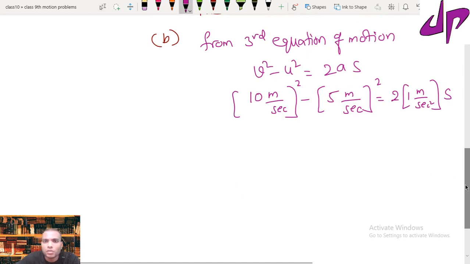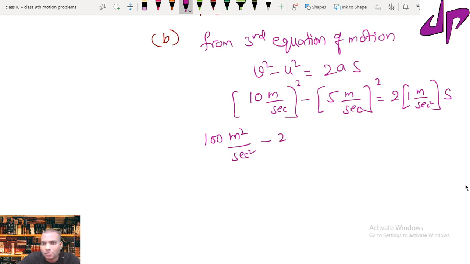First we can do this multiplication. 10 square means 100 meter square upon second square minus 5 square, I get 25 meter square upon second square, equal to 2 times 1, that is 2 meter per second square times s.